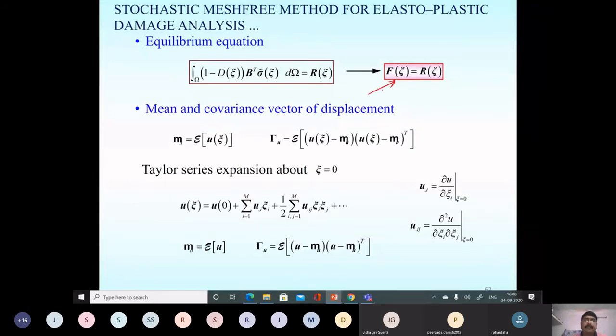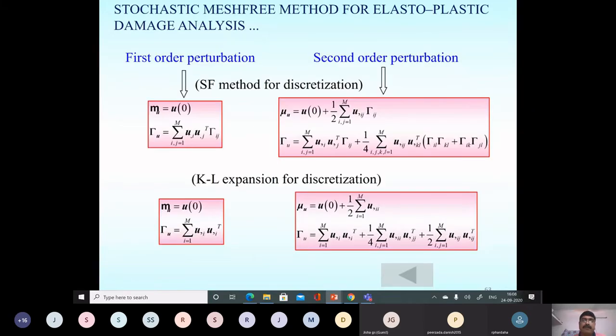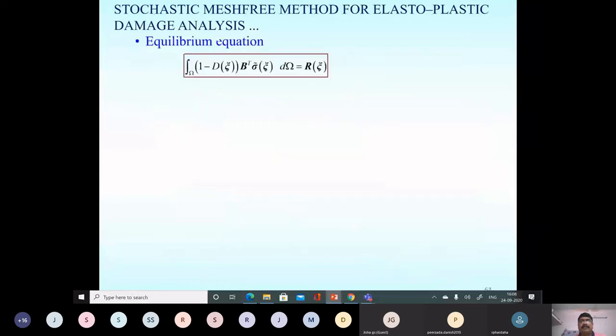Use Taylor series expansion. If you want to get the mean and standard deviation, you use Taylor series expansion at mean equal to 0, since this is a zero mean process. Then you get some expressions like this, if you apply the expectation operator. So you need to find the first and second derivatives of ui. Now that is the main issue.